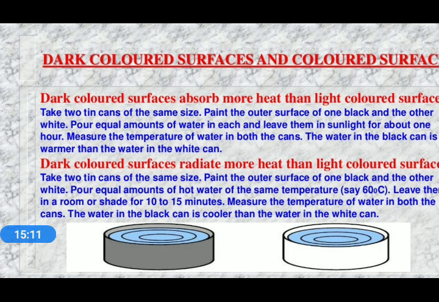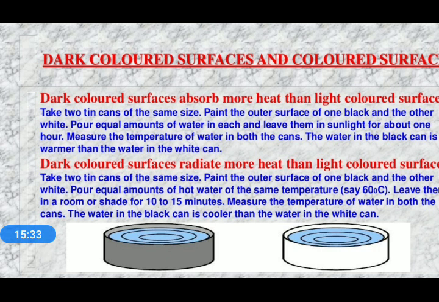Again, we are doing an activity. Take two tin cans of the same size, paint the outer surface of one black and the other white. Pour an equal amount of hot water of the same temperature, say 60 degrees Celsius. Leave them in a room or shade for 10 to 15 minutes.